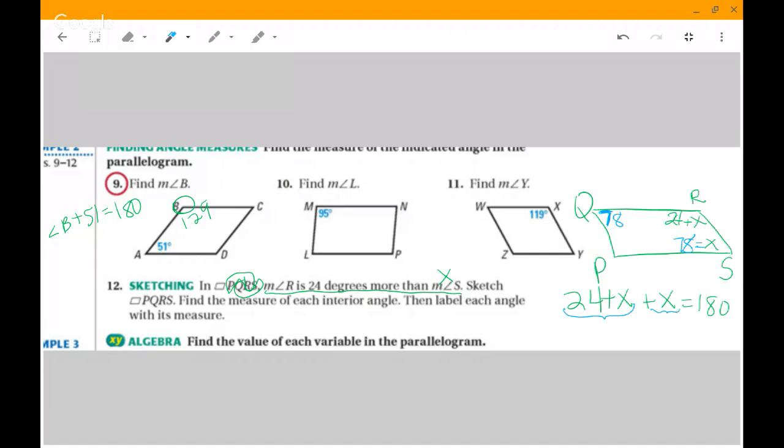Remember in your first equation, when you were solving for X, that was angle S, and 24 plus X was angle R. So to get angle R, you say 24 plus 78, because R is 24 more than S. Does that make sense? Yes, ma'am.